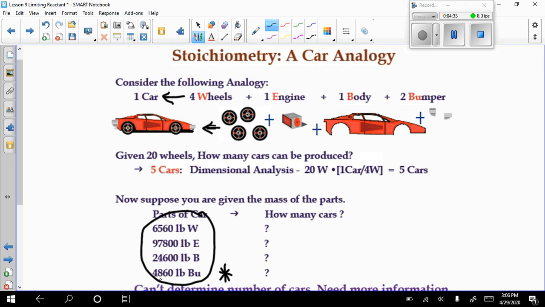But certainly by looking at this, we don't know what's limiting yet. The other thing to consider is that you may have a very high mass of wheels, but remember that every car uses 4 wheels, and so you've got to consider the rate at which the parts are used. And so that's another thing that you have to consider when you're considering limiting reactants.